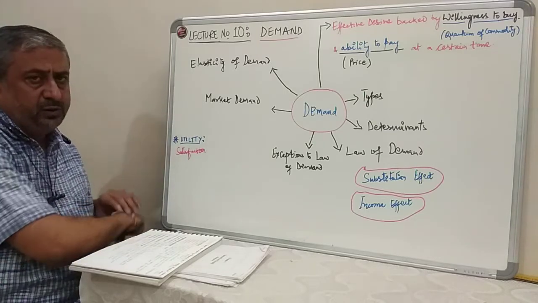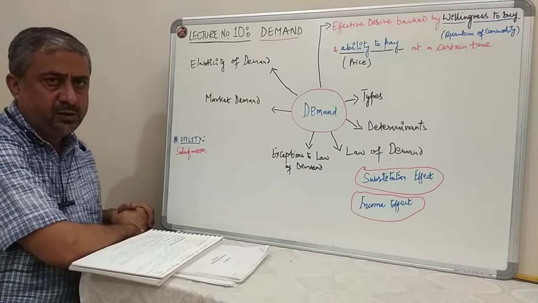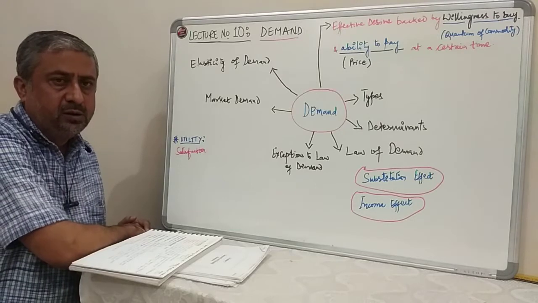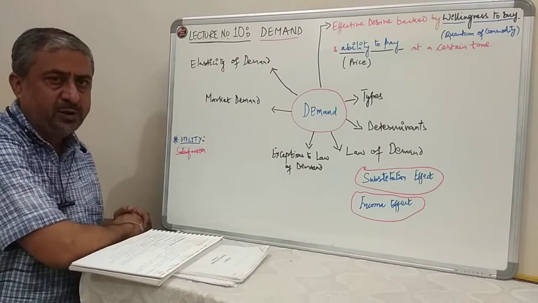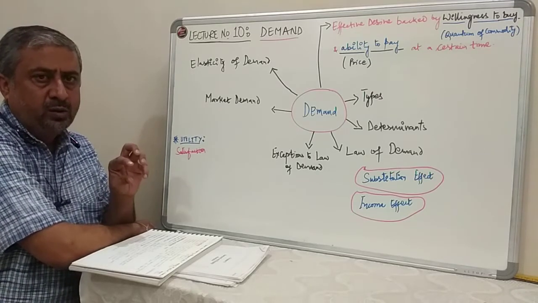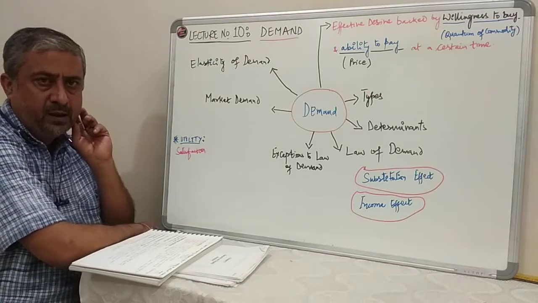Here we complete our types of demand. Determinants. What determines a demand for a product or a service? What are the determinants? How do you come to a conclusion that because of this, there is demand for the product?